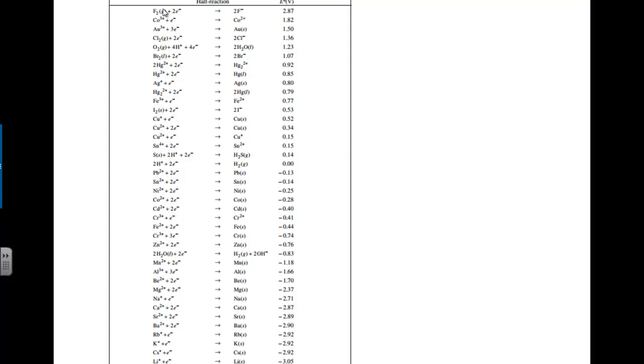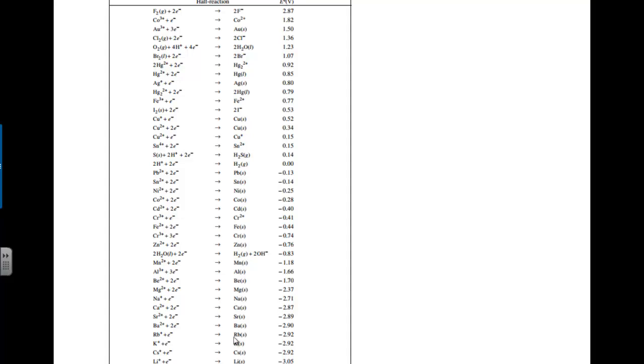They're all written as things that gain electrons, because that's what reduction is. They're not written as oxidation. So the things that are going to most easily lose electrons are actually down at the bottom, which is why it's a negative value, because those things like lithium are most likely to be oxidized. Okay, they're not going to gain electrons, they're going to lose electrons.